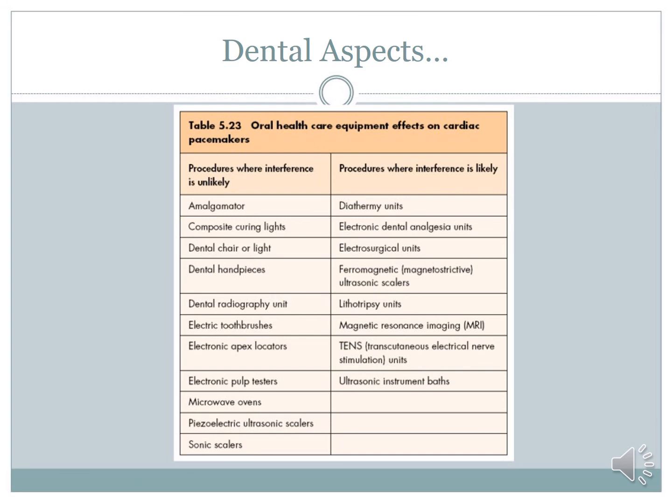Procedures where interference is unlikely are amalgamators, composite light cures, dental chair light, dental handpiece, dental radiography unit, electric toothbrush, electronic apex locator, electronic pulp tester, microwave ovens, piezoelectric ultrasonic scalers and sonic scalers. Whereas the ones likely to interfere are diathermy units, electronic dental anesthesia unit, electrosurgical units, ferromagnetic ultrasonic scalers, lithotripsy units, MRI, TENS, and ultrasonic instrument baths.